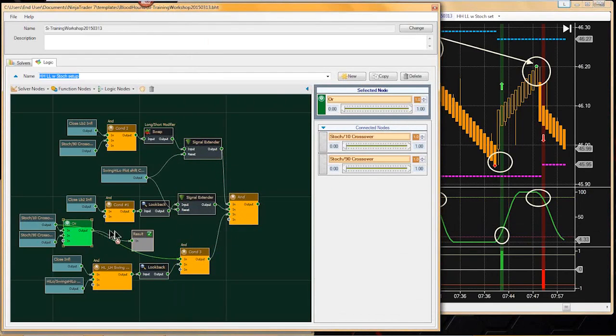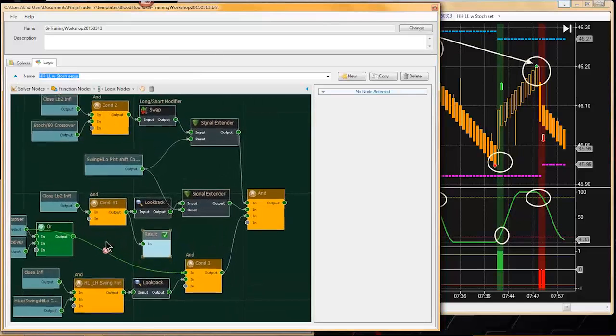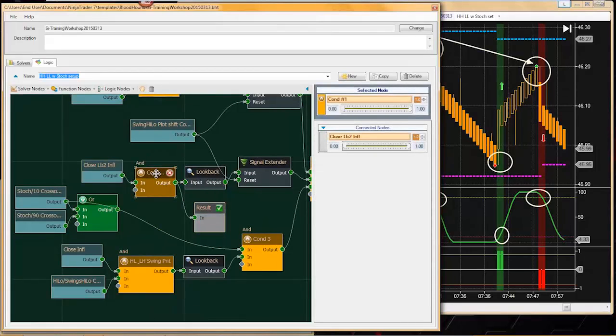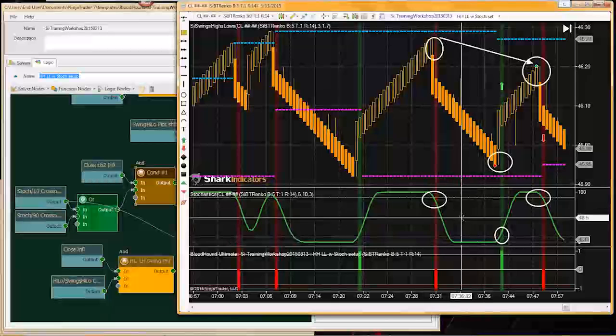So now, if we take a look at condition 1, let me zoom in here a little bit. All right, so we're looking at condition 1, and as soon as I connect that crossover, there we go.